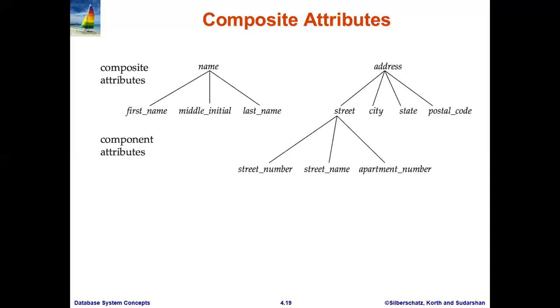Now one more example we are showing here, the address. Suppose we are taking the address of a student. In address, we can again divide it into different subparts. First is street, city, state, and pin code or postal code. Now city cannot be divided, it will have a string value.